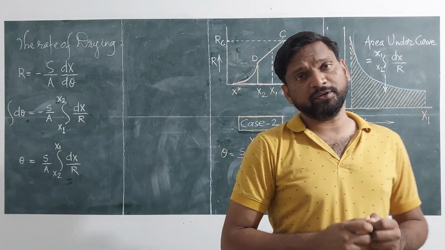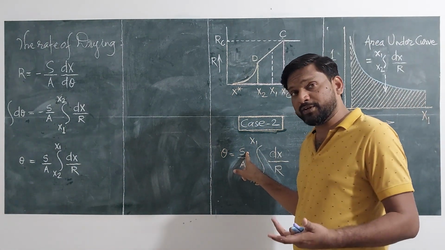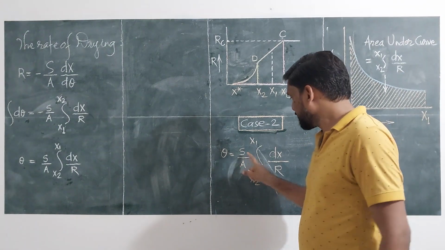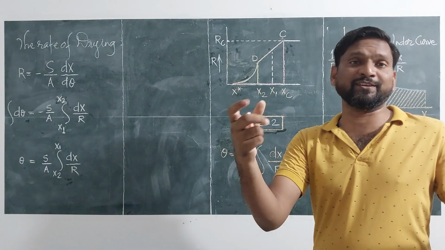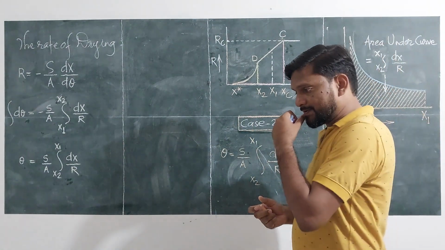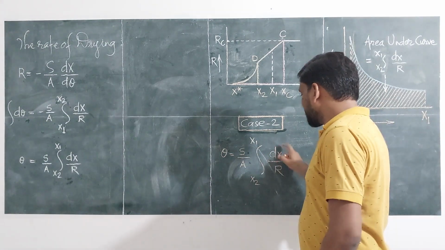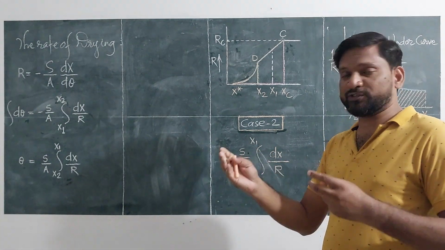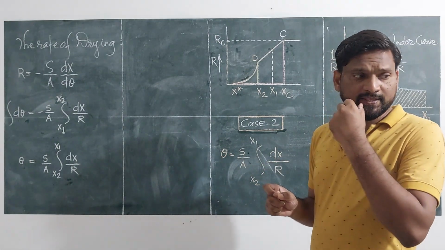We would be having S, that is the dry weight of the solid. A is the surface area exposed to the drying medium, maybe air or any gas. dx is the moisture removed from x1 to x2, and R is the rate of drying.